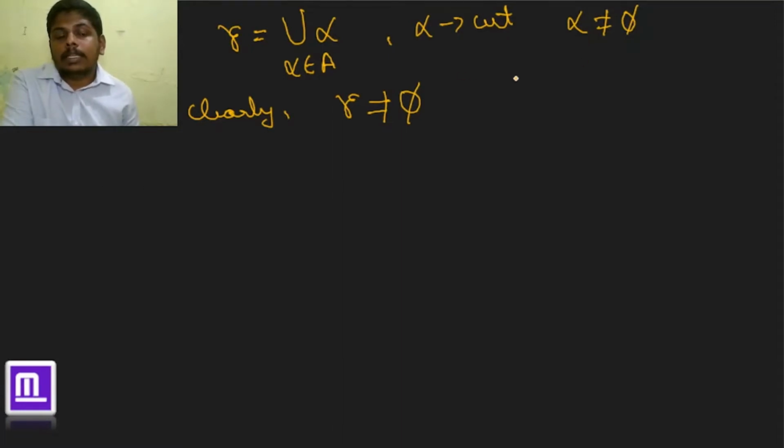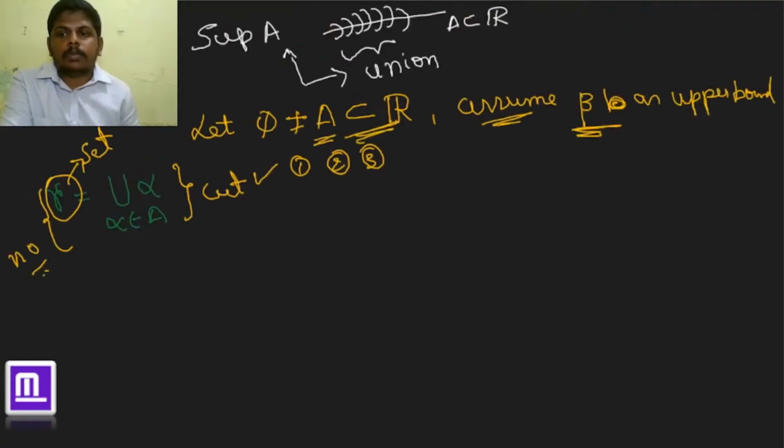But is gamma a proper subset of the rational numbers? Okay, let me mark that.